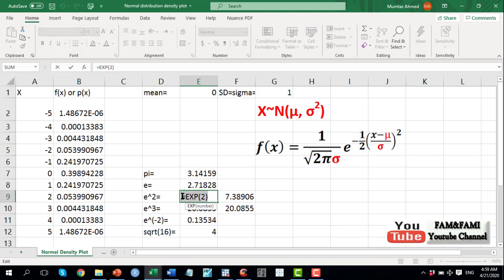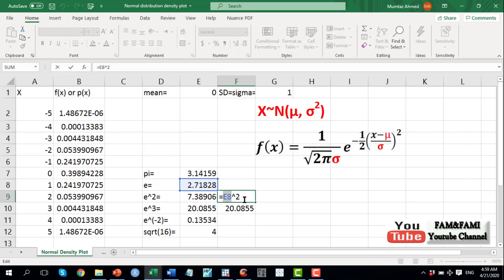So this will give us e raised to power 2, and the alternative command is, since this is e, we can simply cross check it by taking the square of this. So use this caret sign as a power operator, taking power of whatever is contained in cell E8, raised to power 2.